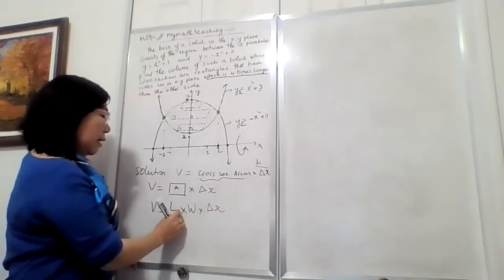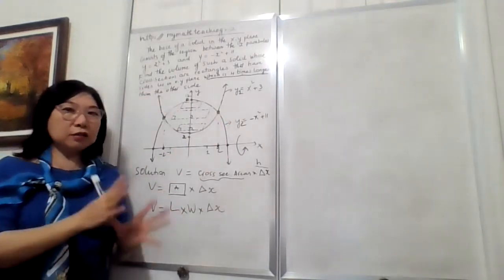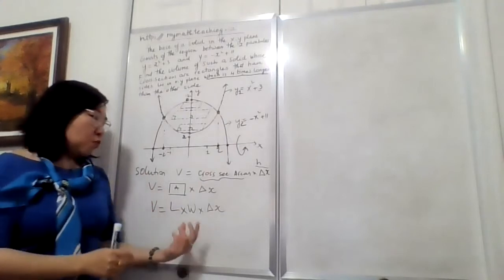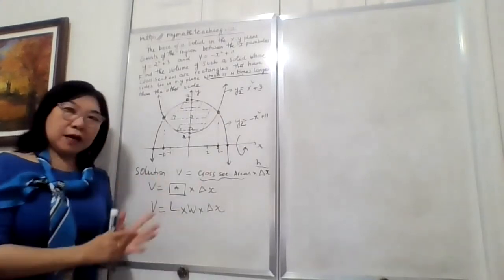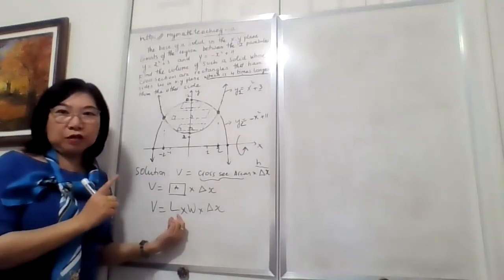So remember, this length is supposed to be a function of change, not a fixed number. We are going to figure out how to find the length here in terms of a function.